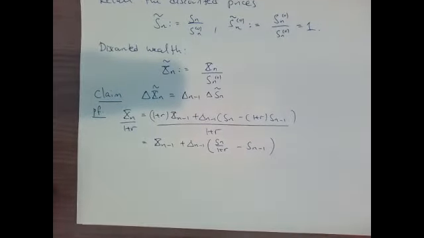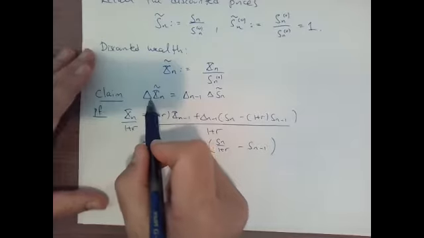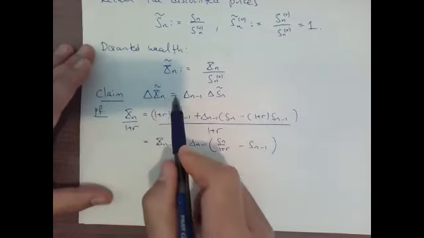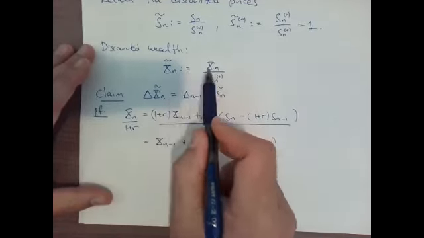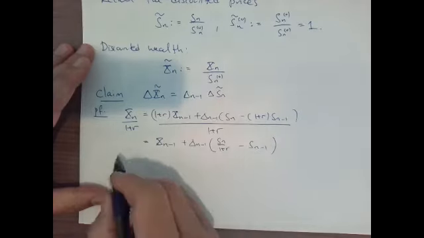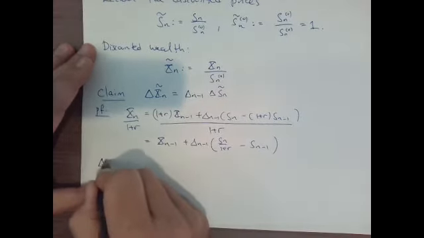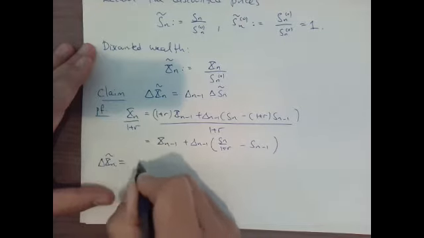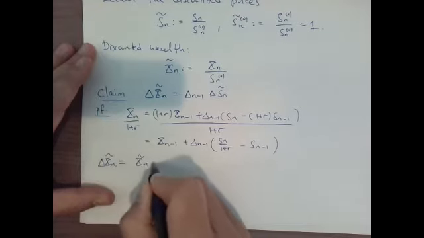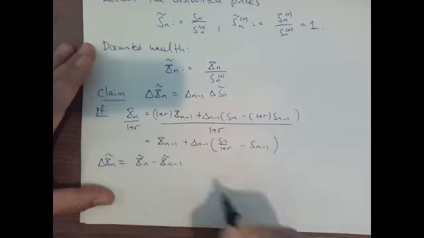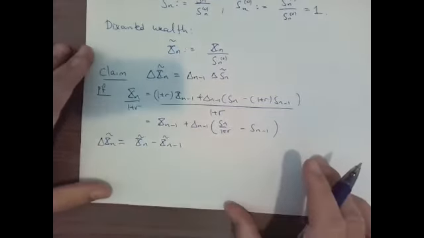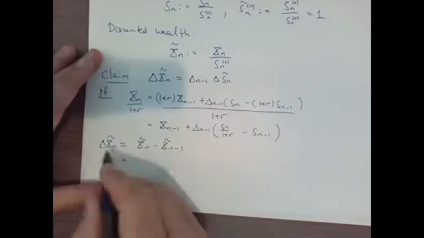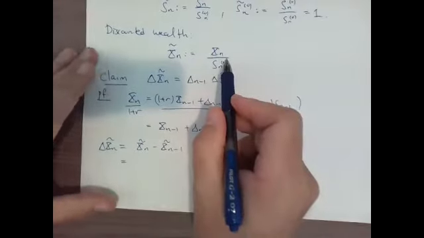Okay, so now I can finally attack the thing that I need. I'm claiming that this equality sign here is true. I got what I have up here as my definition, so I'll plug it in. I'll say that delta xn tilde is equal to xn tilde minus xn tilde minus 1. And that's the change. I'll use the formula for how it's defined.